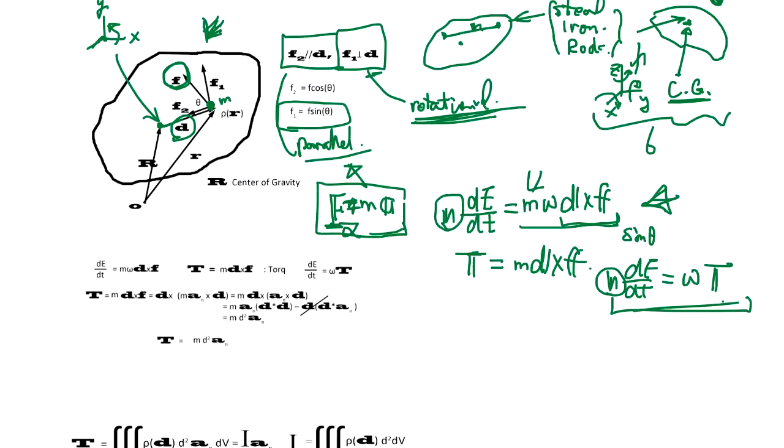Okay, now torque is md times f, and that means d times m times acceleration times d. So this is f actually, right?